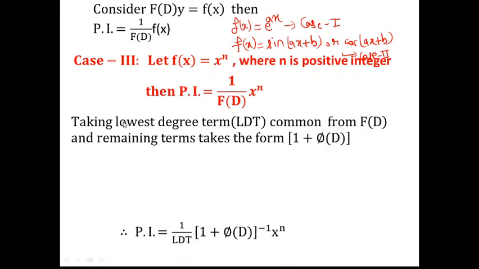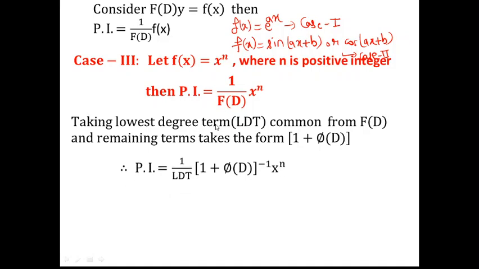First of all, we take the lowest degree term common from f of D, and then the remaining terms will be of the form 1 plus a function of D. So the particular integral will take the form 1 upon the lowest degree term, and whatever is left we take in the denominator, so it will be of the form 1 plus phi of D to the power minus 1 operating on x raised to n.